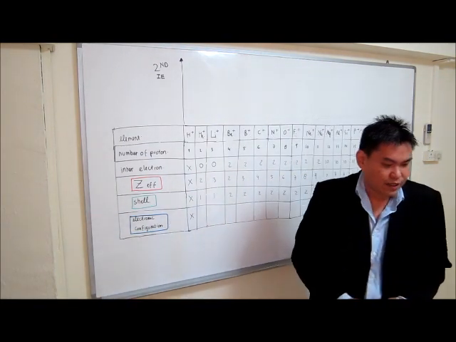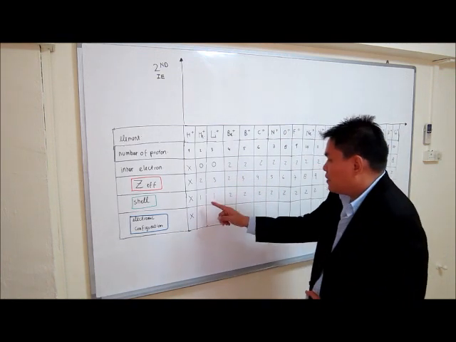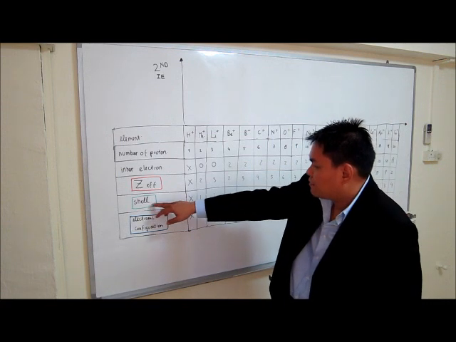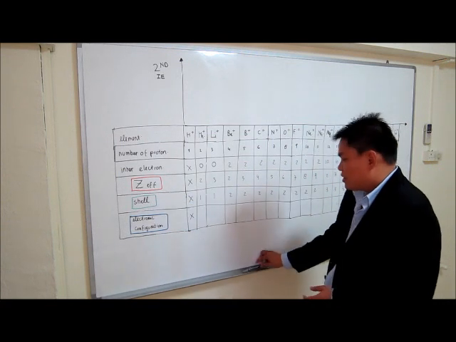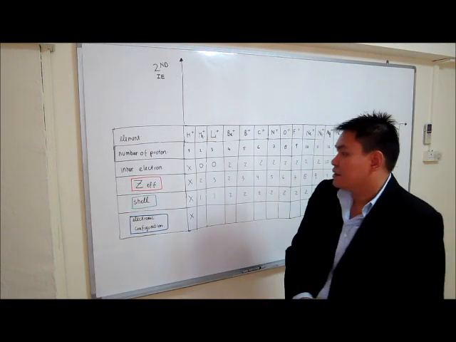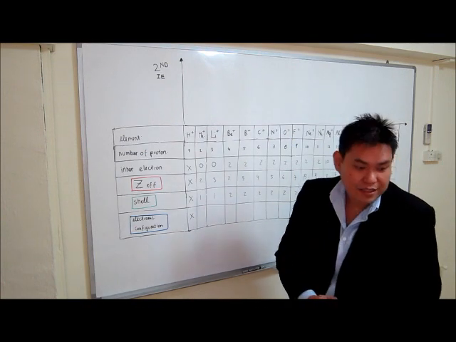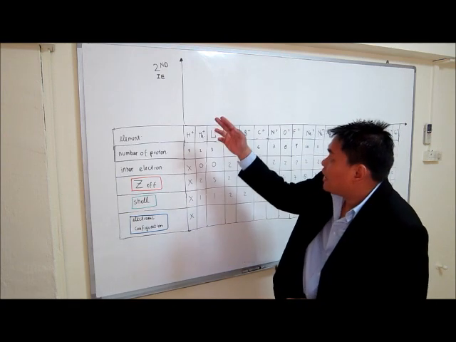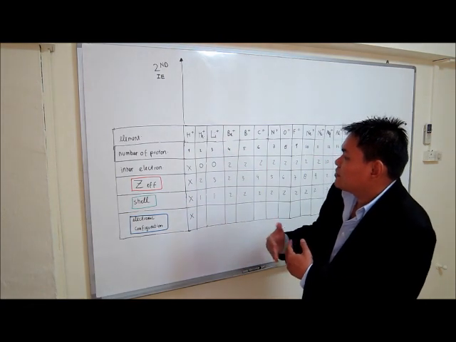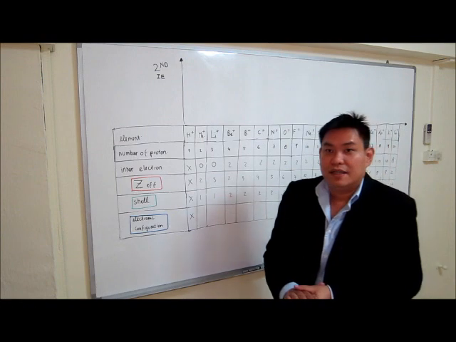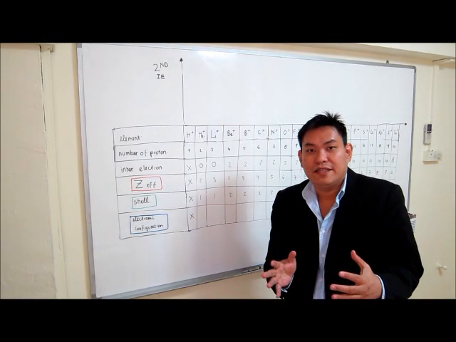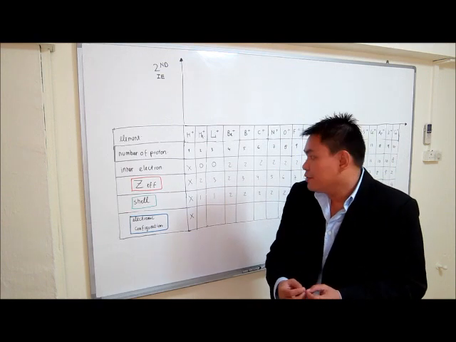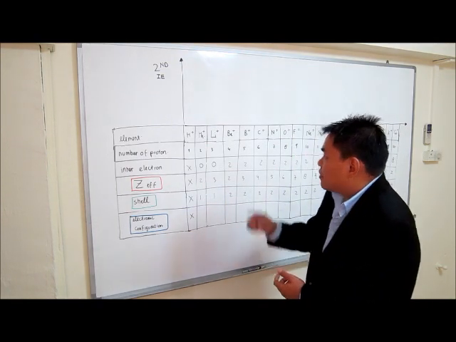Now my explanation of how this affects it. If you have more electron shells, the second ionization energy will be smaller, because ionization energy is a measurement of how difficult or how easy it is to remove the electron from that cation.